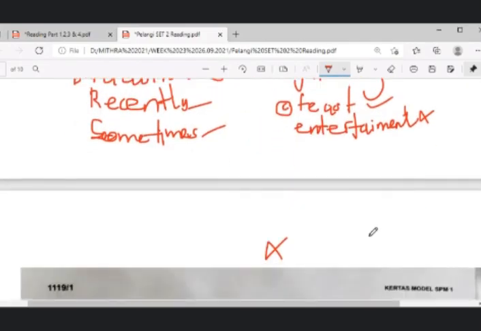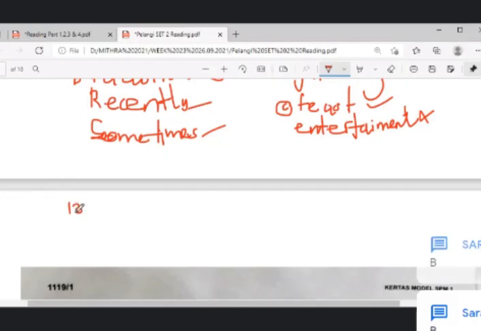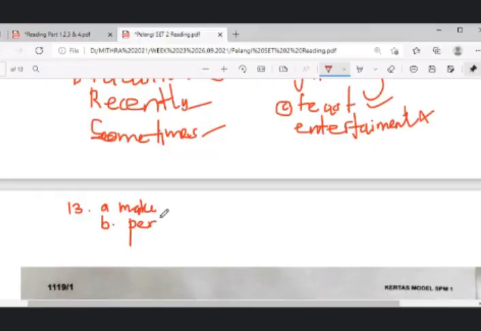What do you think the answer for number 13? Okay, all right. 13A, I'm giving you the answer: make. All right, B, perform. Okay, please choose the best answer.